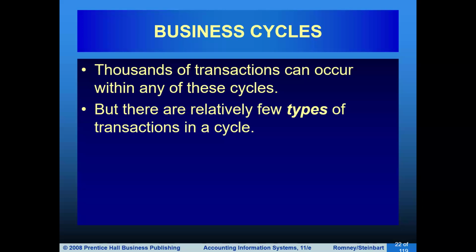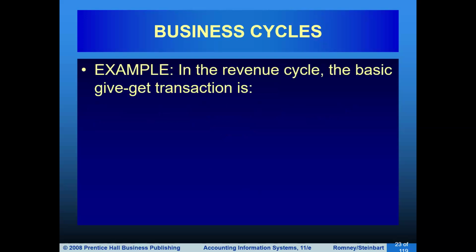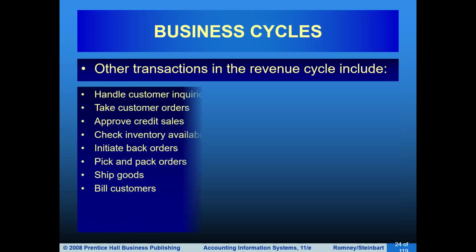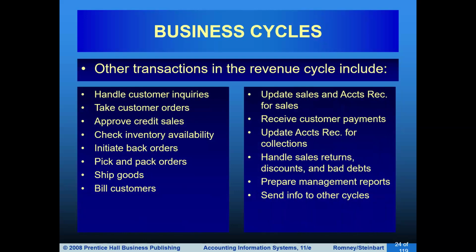Then you can develop the huge ERP system or SAP system. But there are relatively few types of transaction in each cycle, right? For example, in the revenue cycle, the basic give-get transaction is give goods, get cash, and some other transactions. In each particular cycle, you can find many transactions.